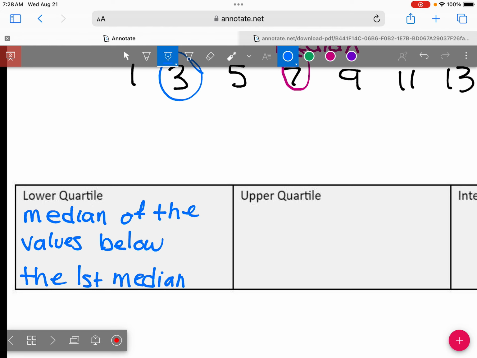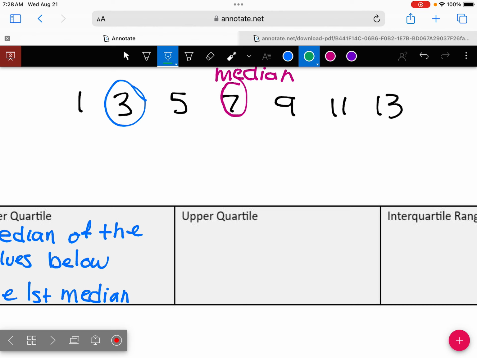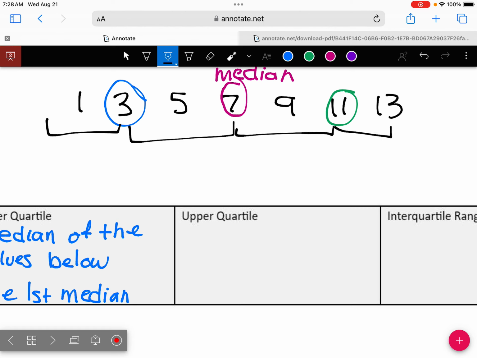What we're doing is taking the data and cutting it into quarters, literally into 4 pieces. So I have one section here, one section here, one section here, one section here. That's why they're called quartiles. It's literally cutting our data into 4 chunks.